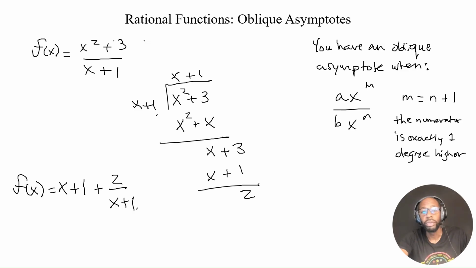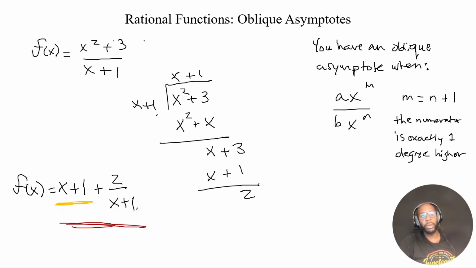Now, here's the deal. This is the equation of our oblique asymptote. How do we figure this? If you look at f of x equals x plus 1 plus 2 over x plus 1, you have to ask yourself, what is the end behavior as we go further and further out?